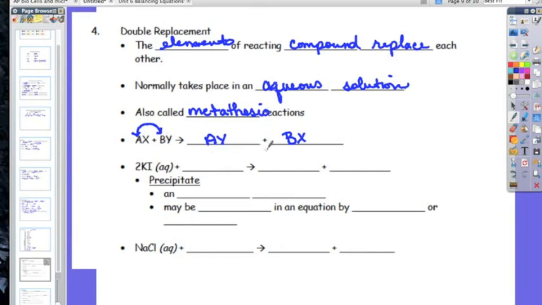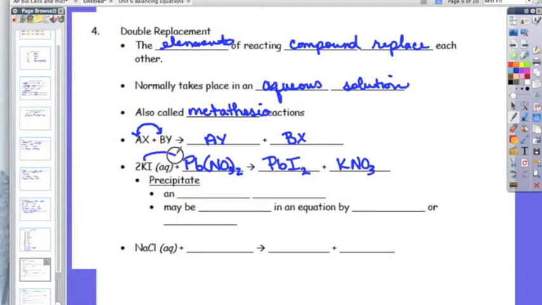An example would be if we had potassium iodide and lead nitrate, and that's going to react to give us PbI and KNO3. So basically they've just switched places with this first element.